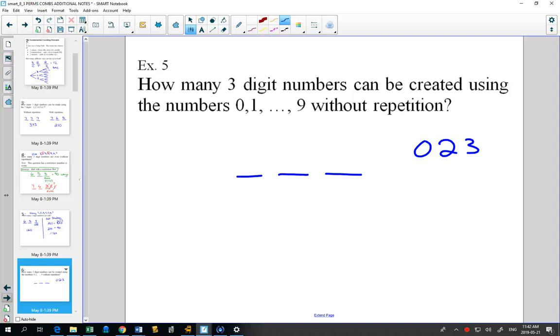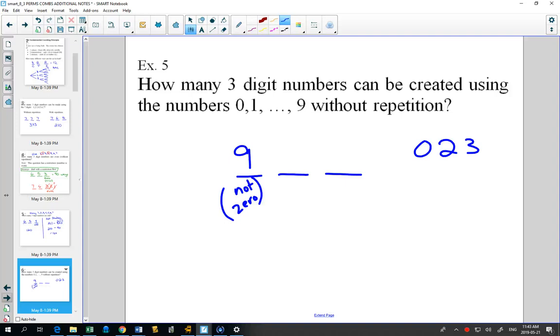But I think as a 3-digit number, we do have a restriction here. Our first number is not 0. So when we talk about our choices, we can put 1 through 9 in there, but nothing else. Does that make sense?